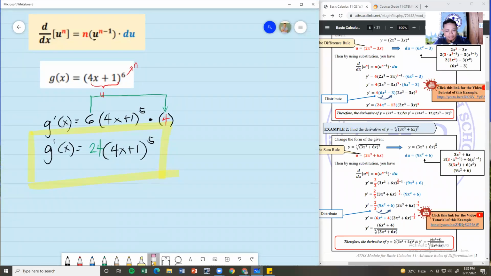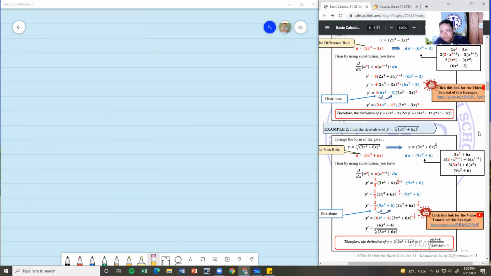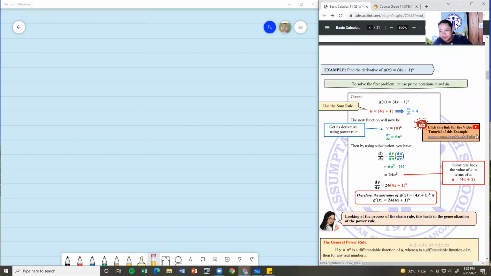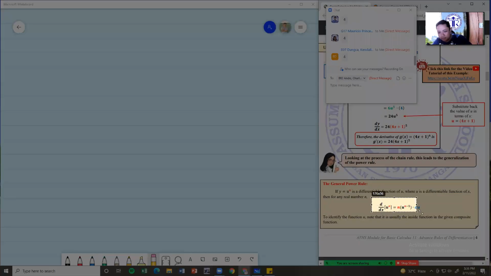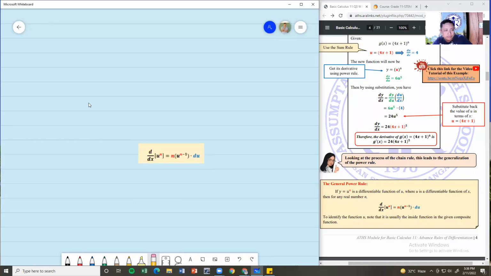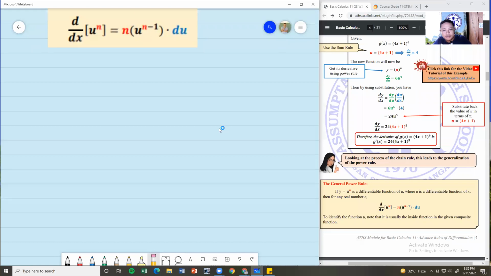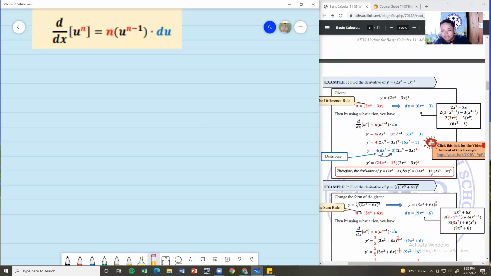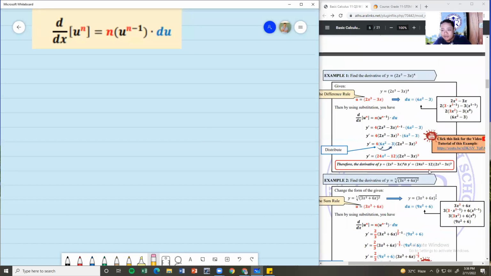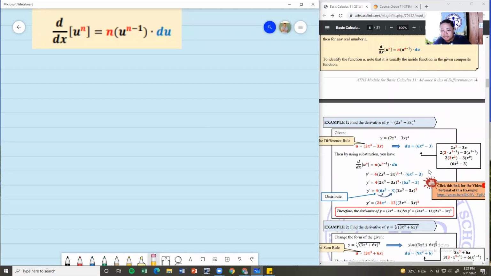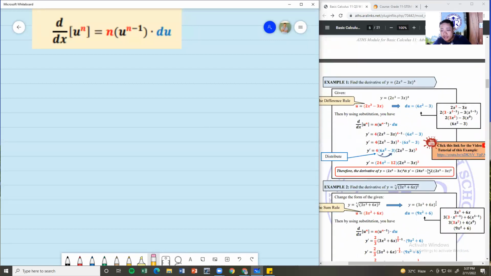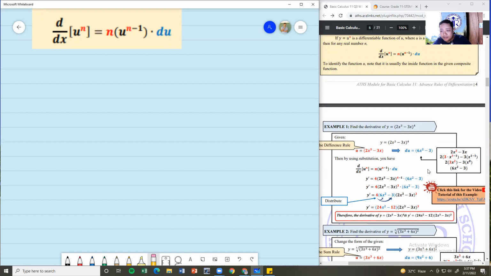Let me erase this now. Again, let's copy our general power rule. Okay. Yan. So now, let's have this example. This looks exciting. You know this already. O kaya, yung medyo kumokomplikado ng konti na given naman.